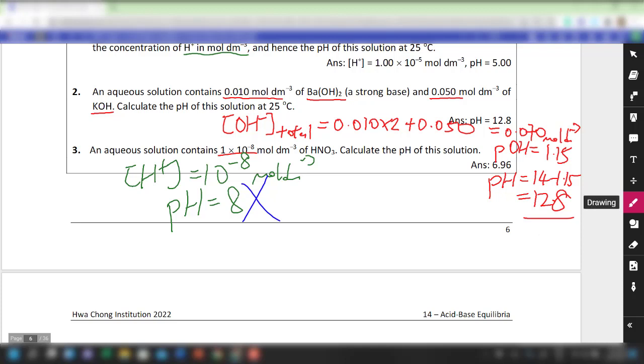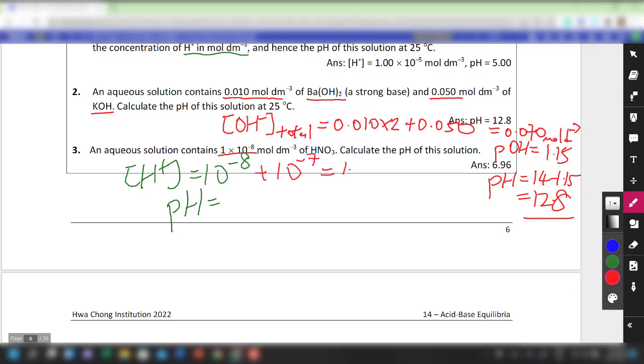So there is a missing part here, so we have to add 10 to the power minus 7, and it gives us 1.1 times 10 to the power minus 7 moles per dm cube. When we calculate pH, we should get 6.96.